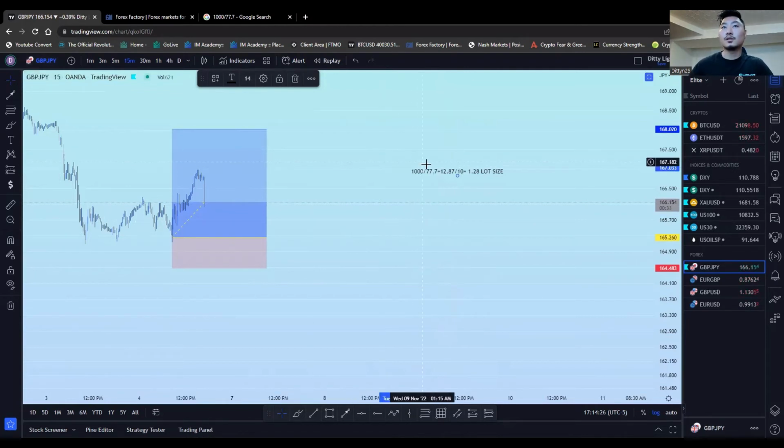The formula that I showed you is just for reference. Is the lot size exactly 1.28? The answer is no. Why? Because if your trading account is in USD, it has to do the conversion.